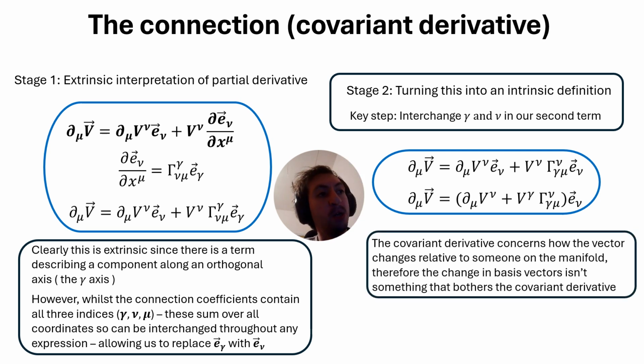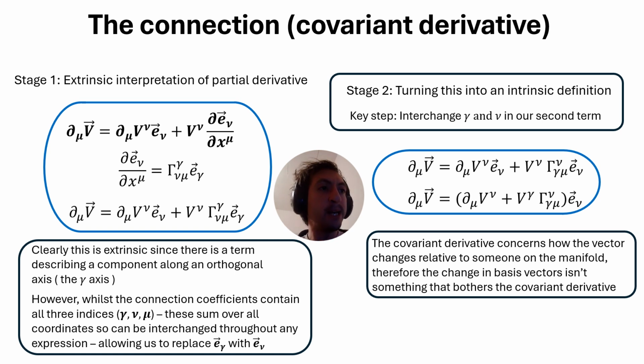The covariant derivative is looking at how a vector changes relative to somebody moving along with that vector on the manifold. So it's talking about how the vector would seem to change with respect to somebody on the manifold.